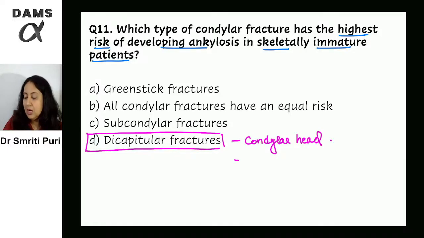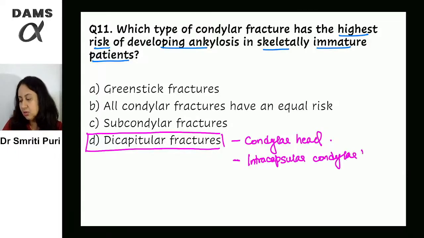Any intracapsular condylar fracture, that means the fracture which is within the joint cavity, is prone to developing ankylosis.